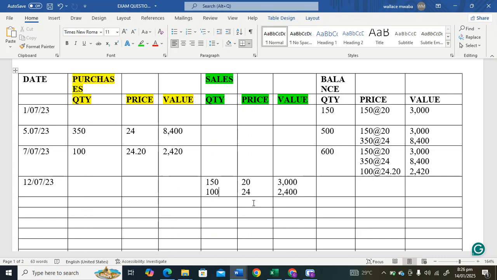So now, when you're selling the goods, you start with the first batch that came in, you get rid of that batch, then you go to the next batch that came in. Since we sold 250 goods, the first batch, these 150, we get rid of all of them. 250 minus 150, it means we've got 100 remaining, right? Yes, the remaining 100, we remove them from this batch here.